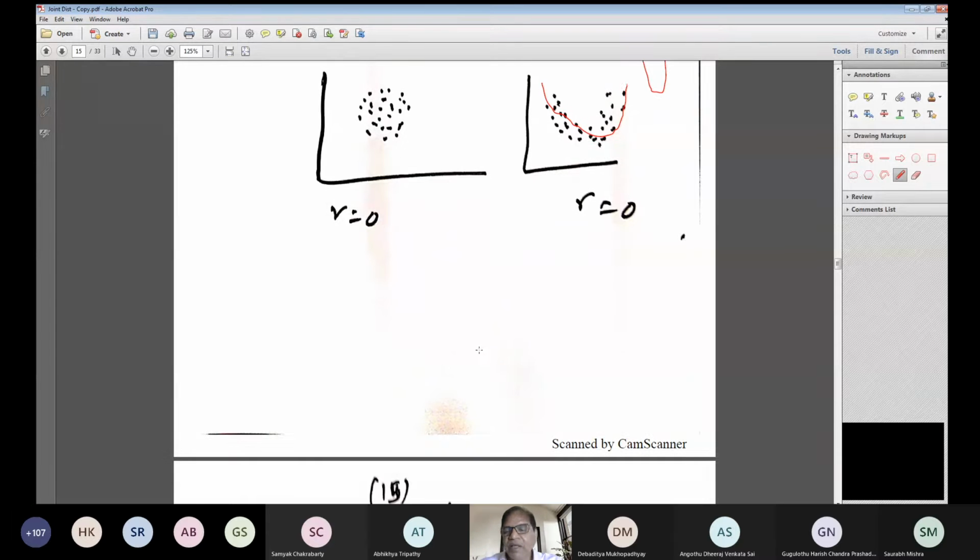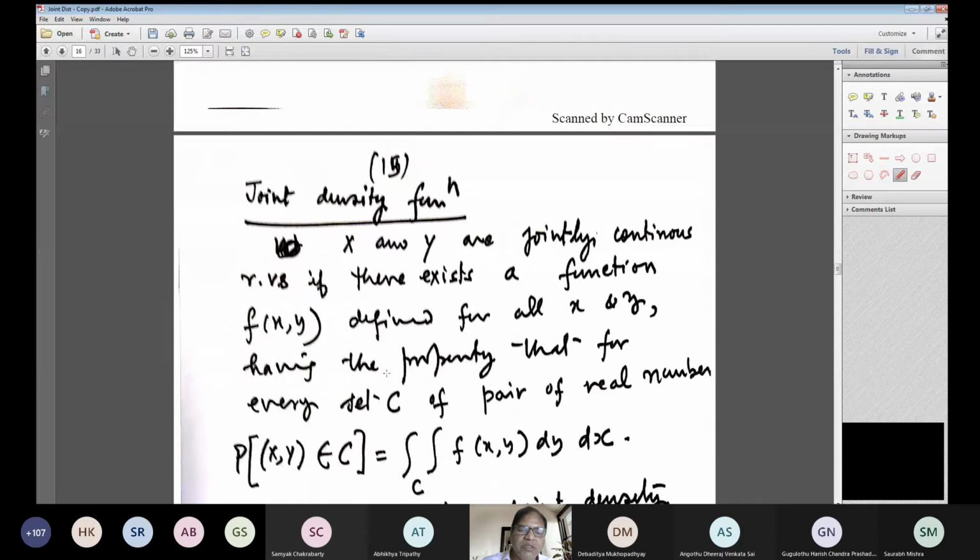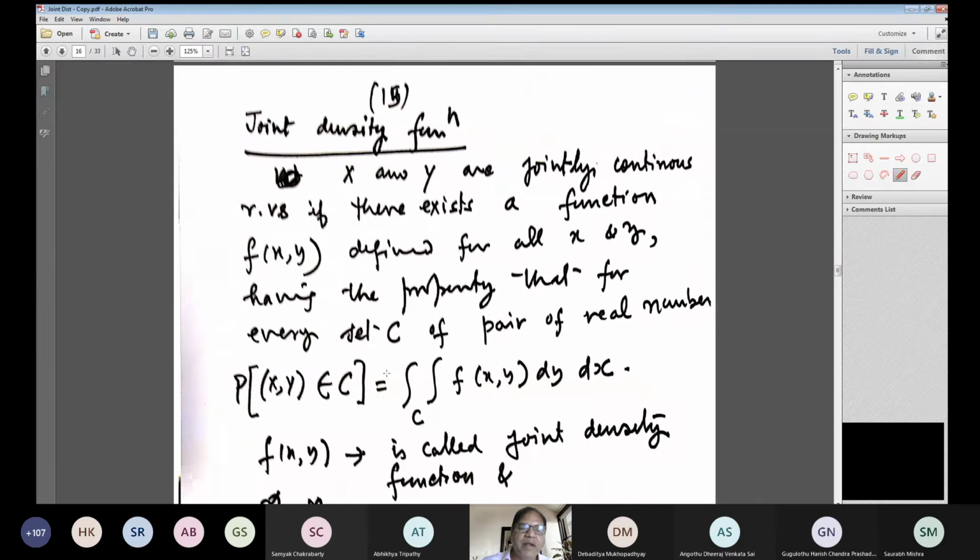Then a similar theory is there when x and y are not discrete random variables, rather they are jointly continuous random variables. So the concept of joint density functions comes into the picture. The theory is more or less similar, only in place of the double summation you have a double integral, and in place of the joint probability mass function, you have a joint density function.